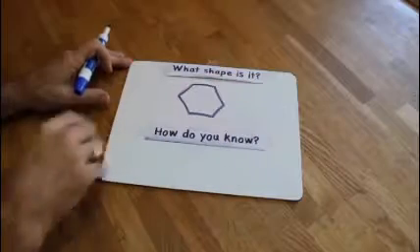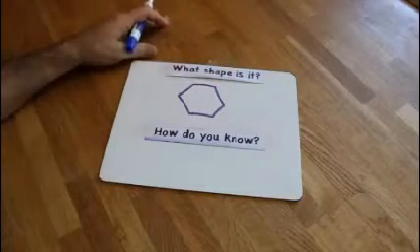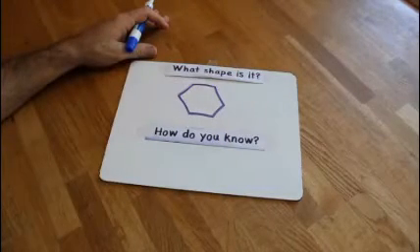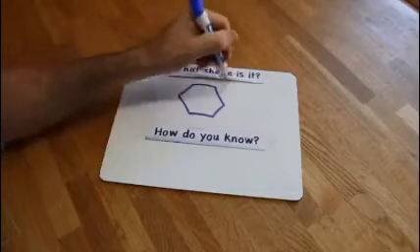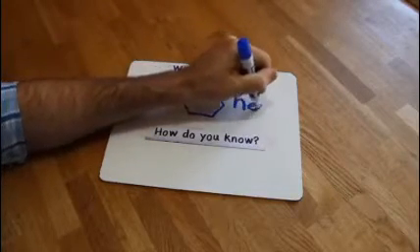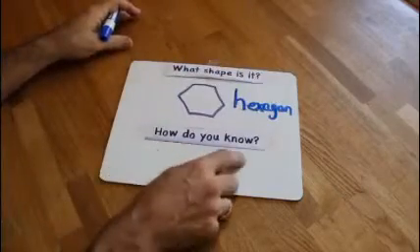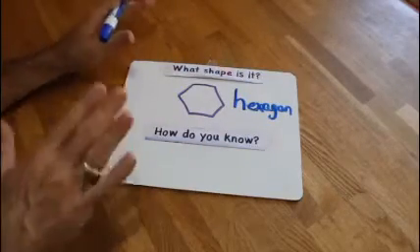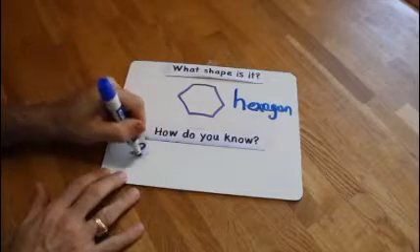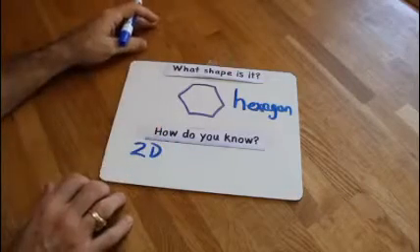What shape is it? Okay, this one's flat. We're not doing a 3-dimensional shape. That's a hexagon. How do you know? Well, now we can start to say that it's flat or 2D, 2-dimensional.